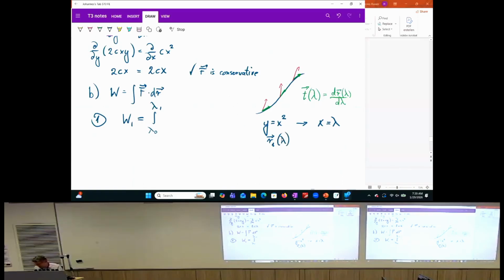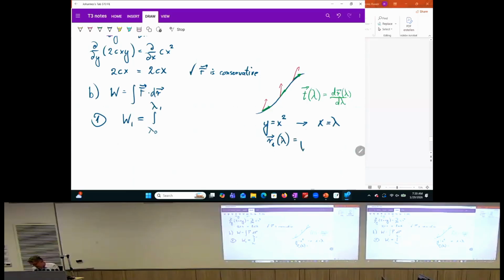Because we have these 3 stretches, we have to go through this procedure 3 times. So this is now for our first element. The running vector along that path in that first element is R1 as a function of lambda.